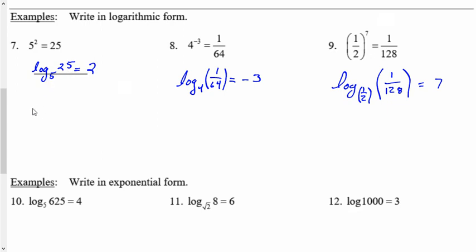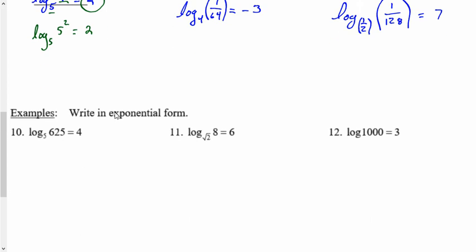So I have log base 5, and I'm going to take this 25 and rewrite it as a power base 5. Oh, that's 5 squared. What would the exponent be? It would be a 2. So the logarithm takes this power as input, and it says, if I rewrite this 25 with this base, this is the exponent it will give me as output. We'll do more examples like that on the next page, so I think I'll leave that here for now.